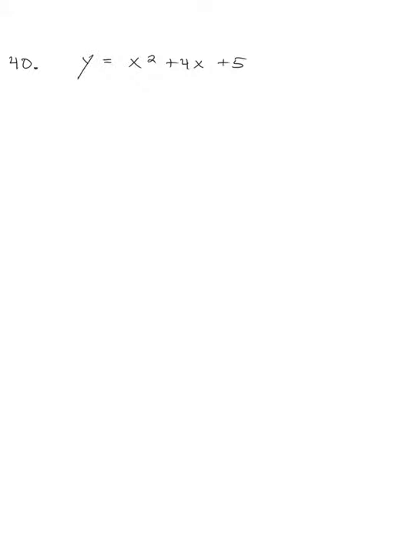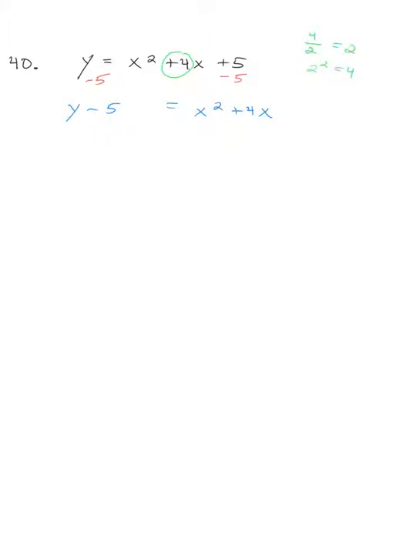Now for 40, okay, so this is no longer a perfect square. If we're using the approach from last time, we're going to start by subtracting 5 from both sides of the equation. So we now have y minus 5 is equal to x squared plus 4x. The goal is to now add something to both sides to create a perfect square, and I look here to do that. If you take half of 4, you get 2, and if you square 2, you get 4.